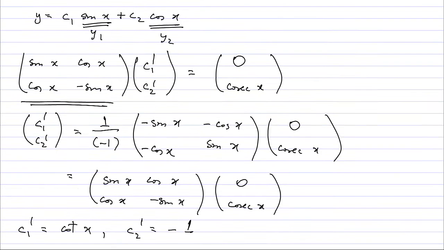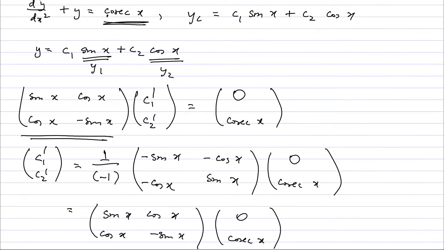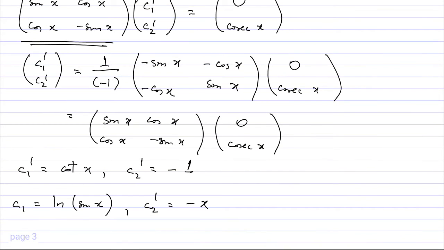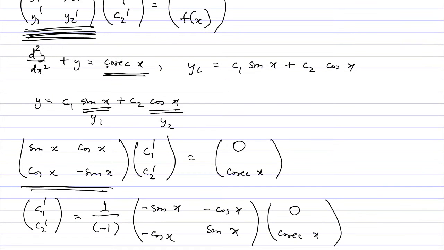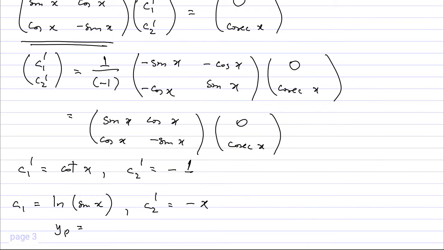So in other words, the particular integral is going to be given by, just plug these over here, sine x ln of sine x minus x cosine of x. So that's essentially what you have.